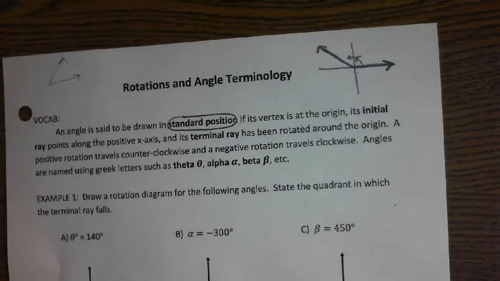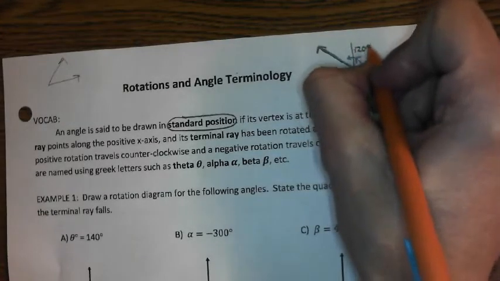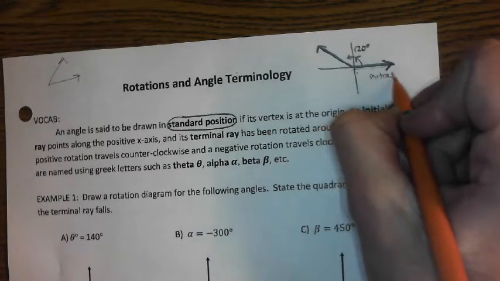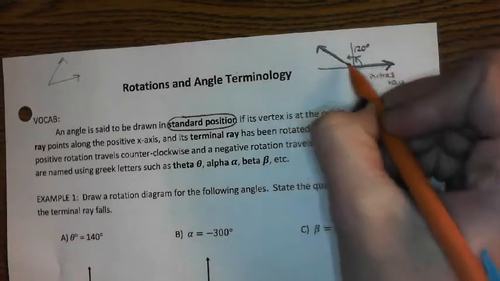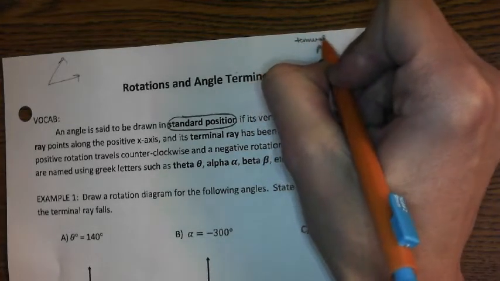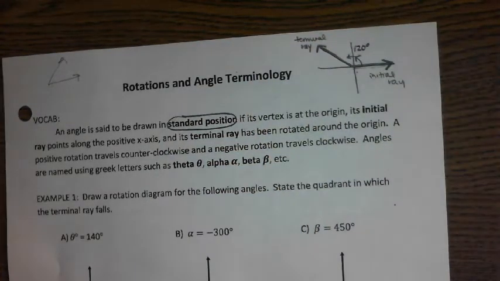And that would put you in the second quadrant. Okay, so I'll just label that 120 degrees. So this is called your initial ray. It will always be on the x-axis. And this is called your terminal ray, where it ends. Terminal ends. Okay, initial starts.